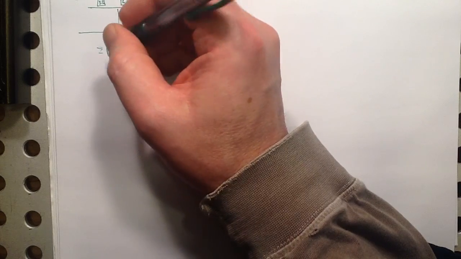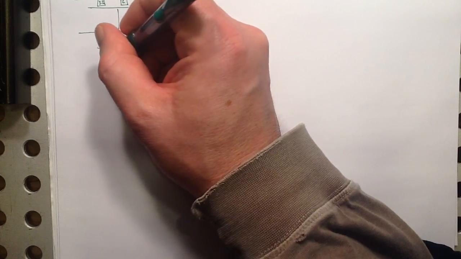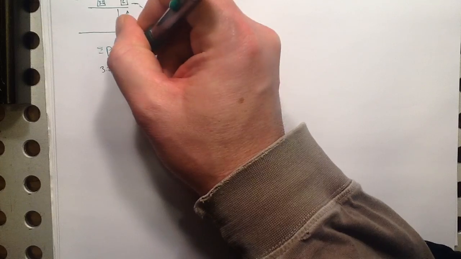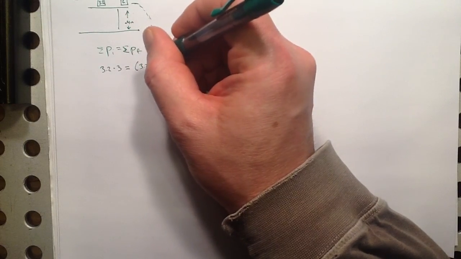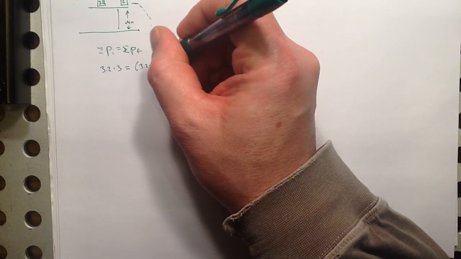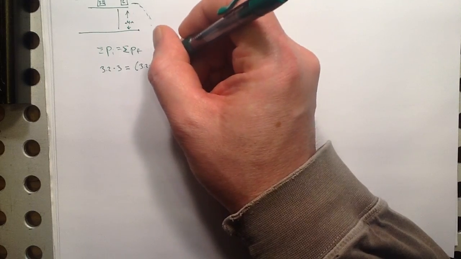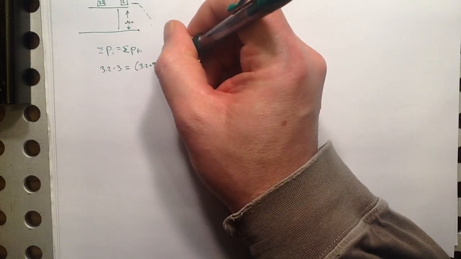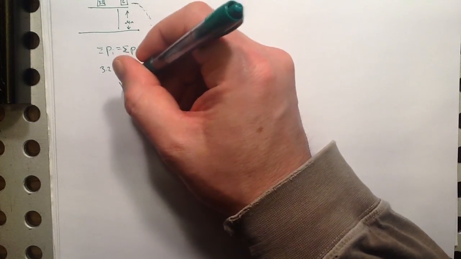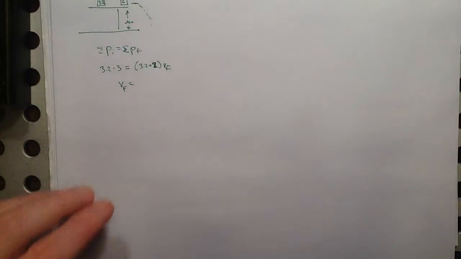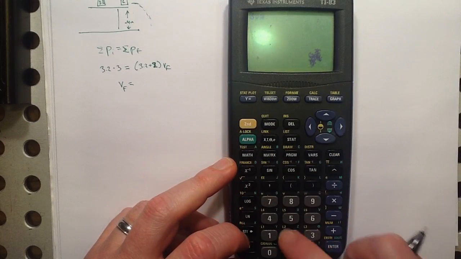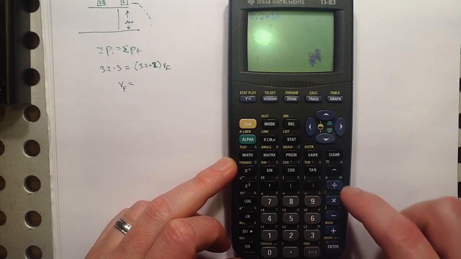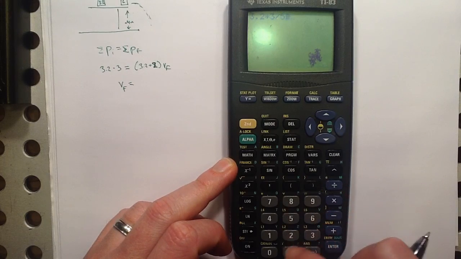Initial momentum is just the 3.2 mass times the velocity of 3. Afterwards, they stick together for a total mass of 5.2 with that velocity. So let's see what we have there. 3.2 times 3 divided by 5.2, about 1.85.